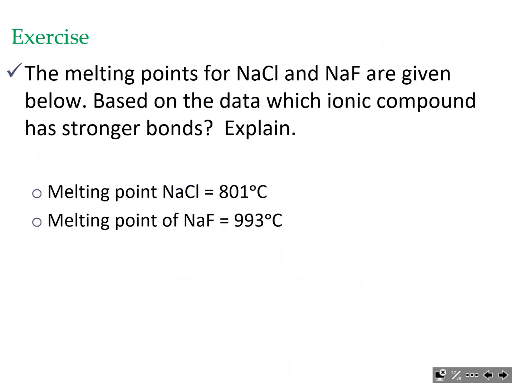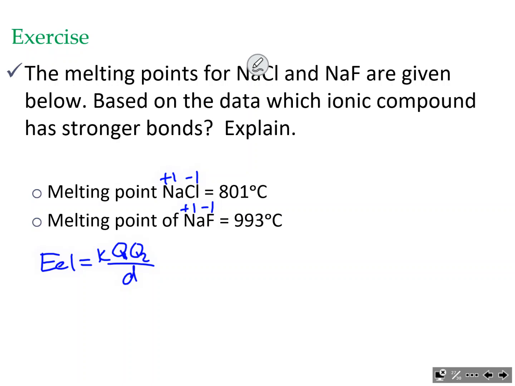So let's look at some examples. The melting points for NaCl and NaF are given below. Based on the data, which ionic compound has stronger bonds? Well, here we want to look at our lattice energy, Q1 Q2 over D. Both of these are +1, -1 in terms of their charges, right?